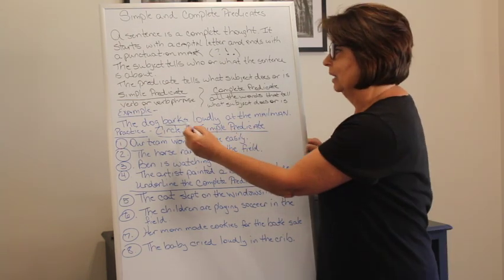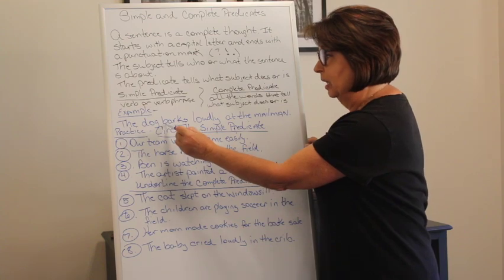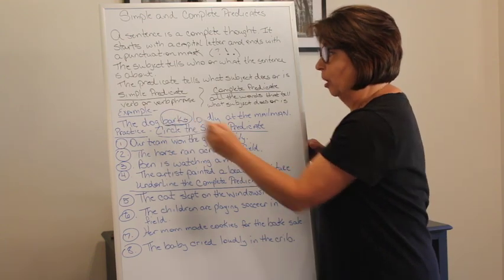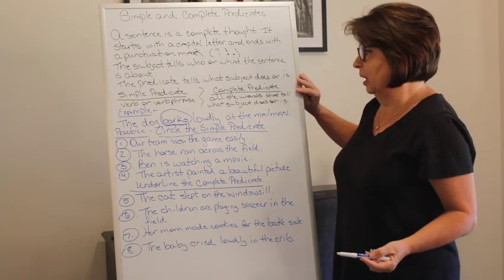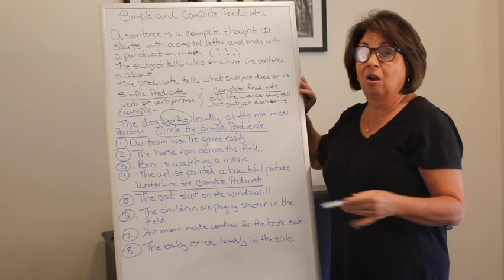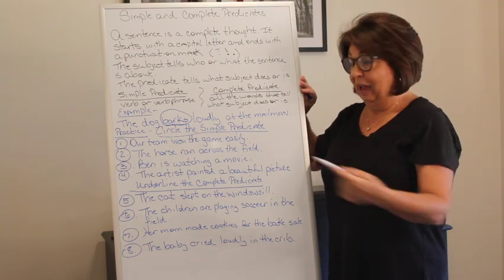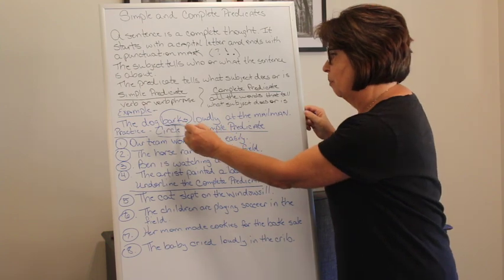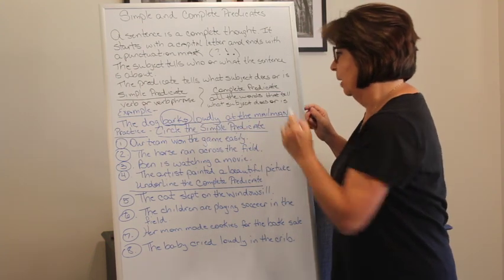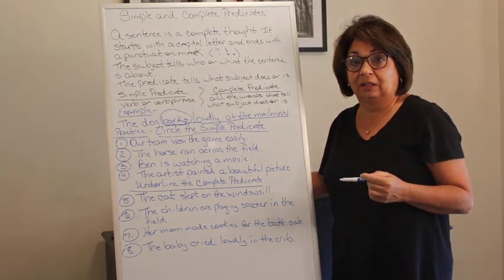So the simple predicate is simply the word barks because that is the action. The complete predicate is the entire thing, all of the words after the verb that tell what the subject is doing. So barks loudly at the mailman would be our complete predicate.